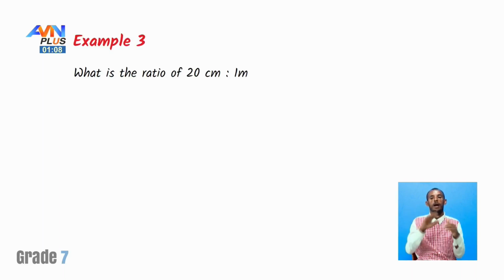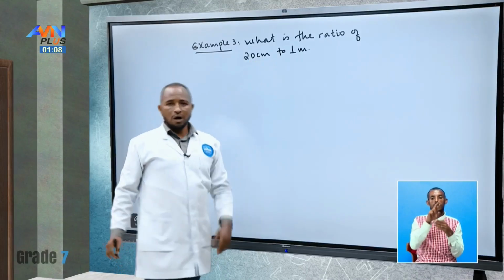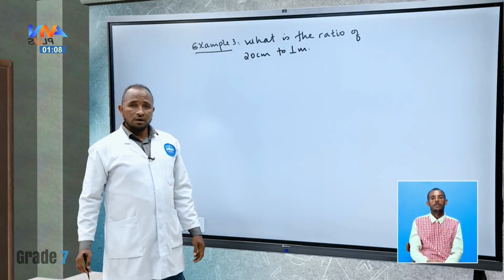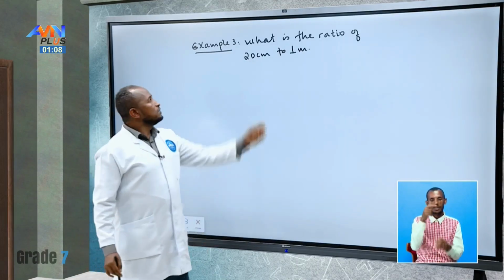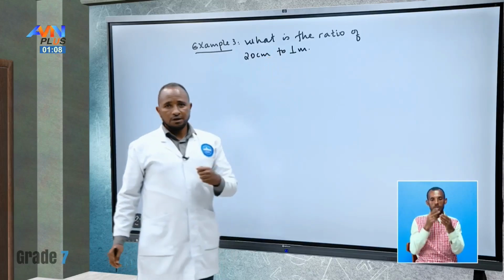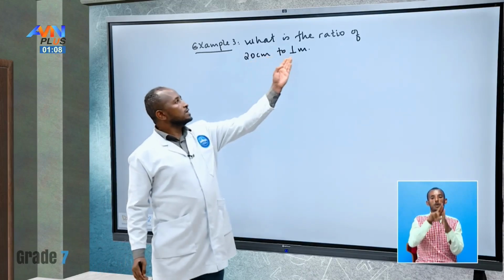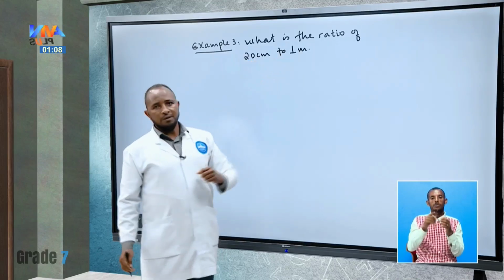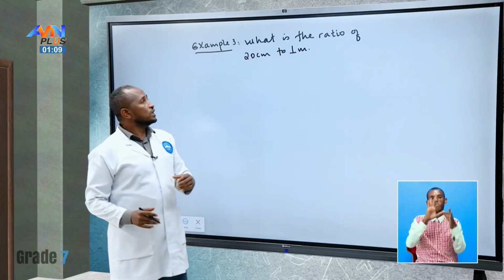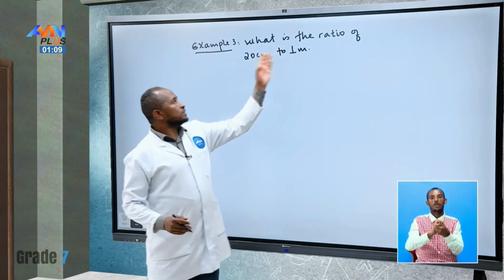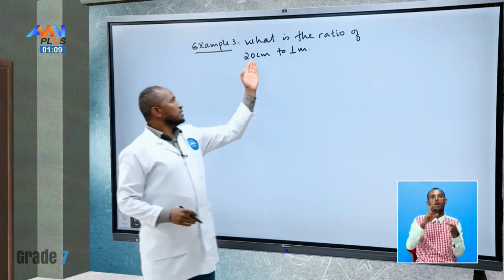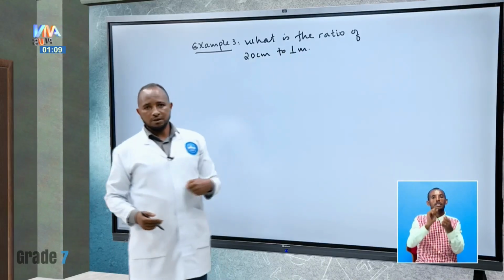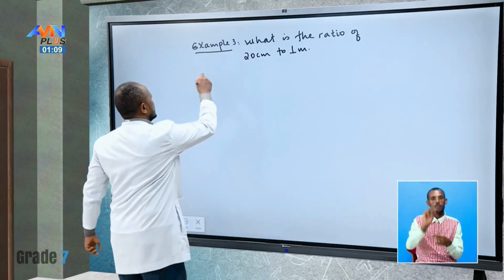How do we write the ratio of these two quantities? As I said earlier, before a ratio is stated, the unit must be the same. Here, you have 20 centimeters and 1 meter. So you have to change either meter to centimeter or centimeter to meter. For simplicity, let's change meter to centimeter. So let's proceed.